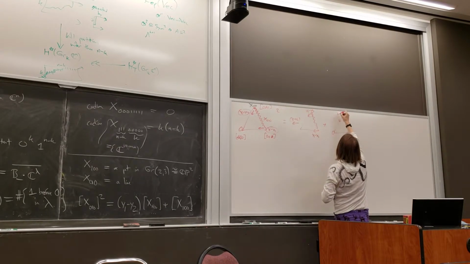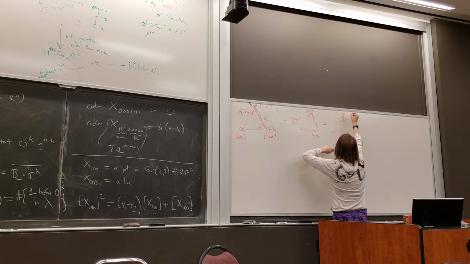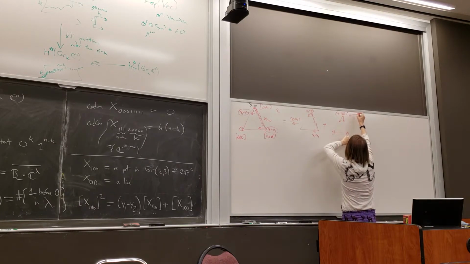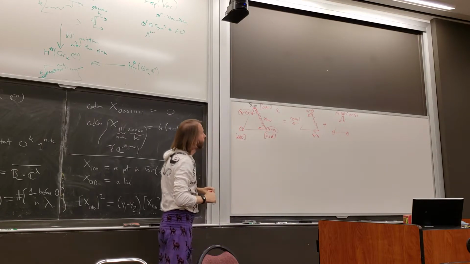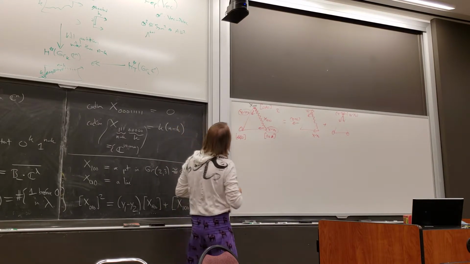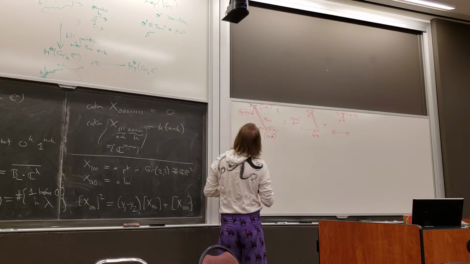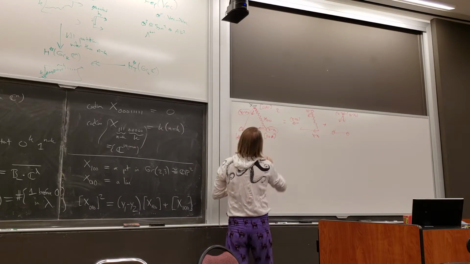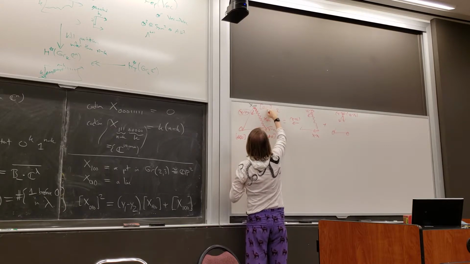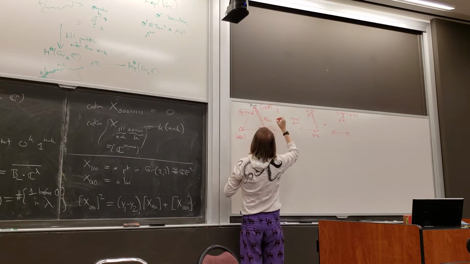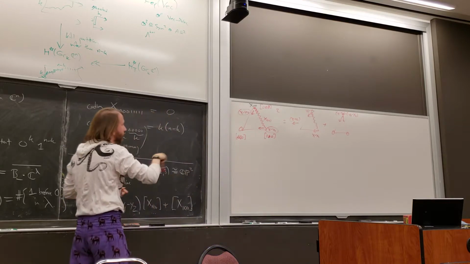And here I'm getting y1 minus y3 times y2 minus y3. That's what those two arrows are. I'm doing this wrong in my head. There we go. 1, 2, 3.